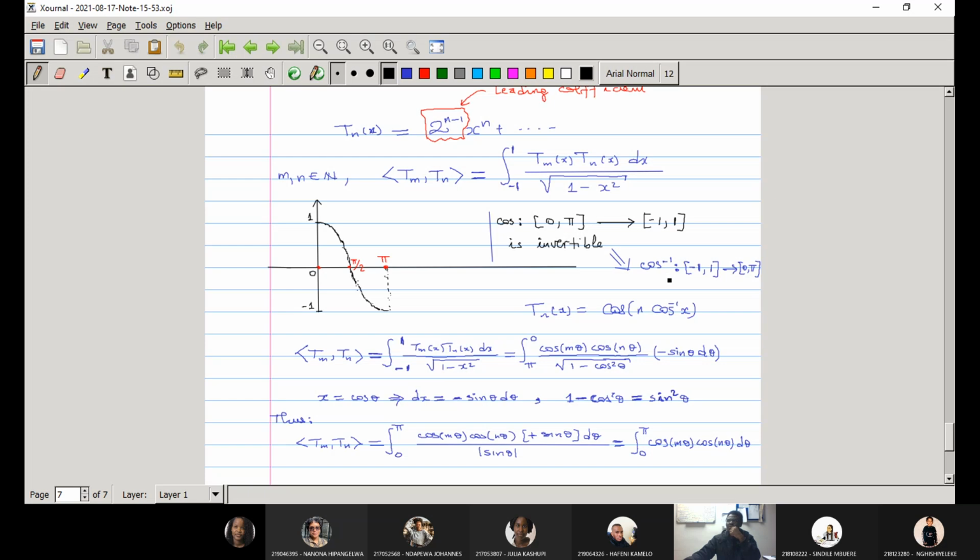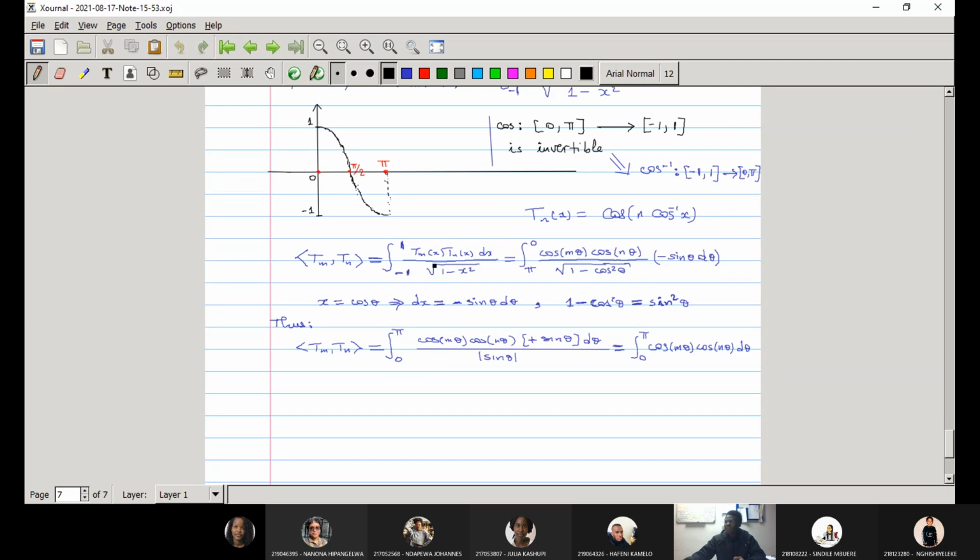So you know that cosine inverse is defined from the range to the domain. So that will be from negative 1 to 1 to the interval 0 to pi. This is important to know because when we apply the change of variable here to integrate, we need to have these two intervals. We need to know the definition of cosine inverse. If you don't know that, you will not be able to make the change of variable. It's really important.